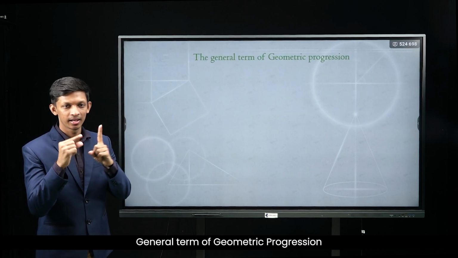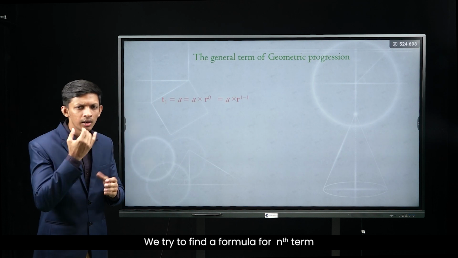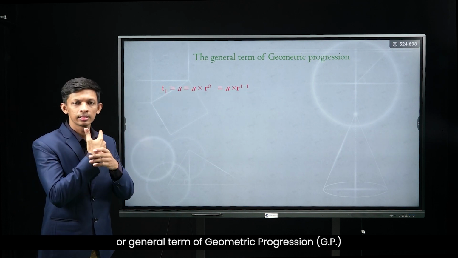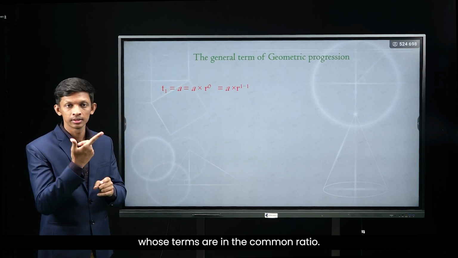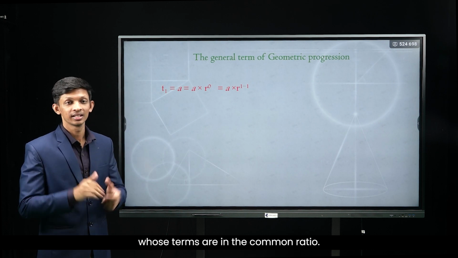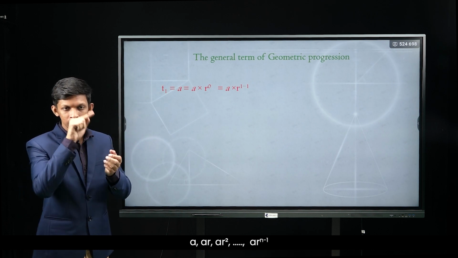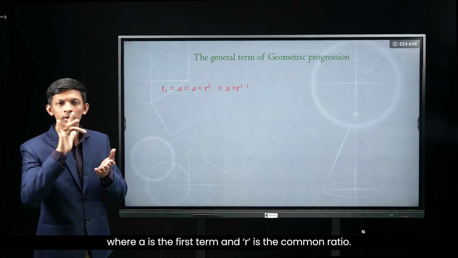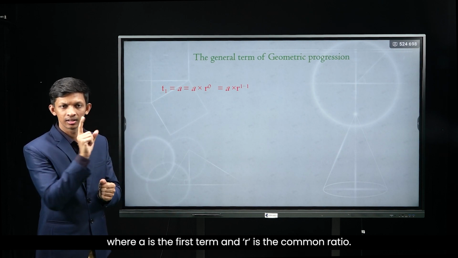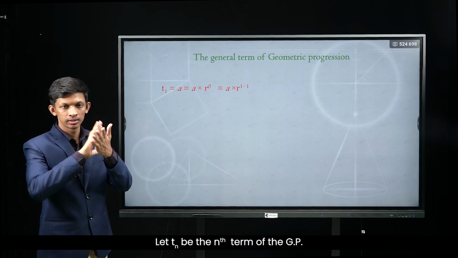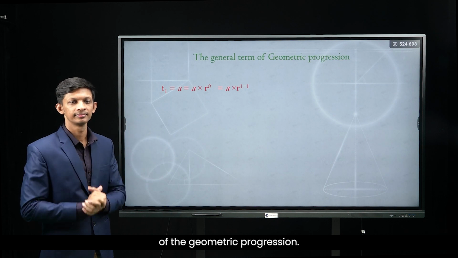General term of geometric progression. We try to find a formula for the nth term or general term of a geometric progression whose terms are in the common ratio: A, AR, AR square, and so on, AR power n minus 1, where A is the first term and R is the common ratio. Let Tn be the nth term of the geometric progression.